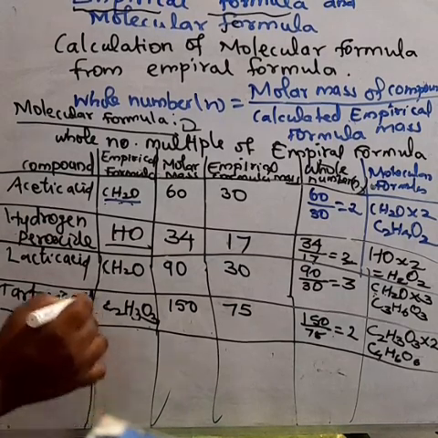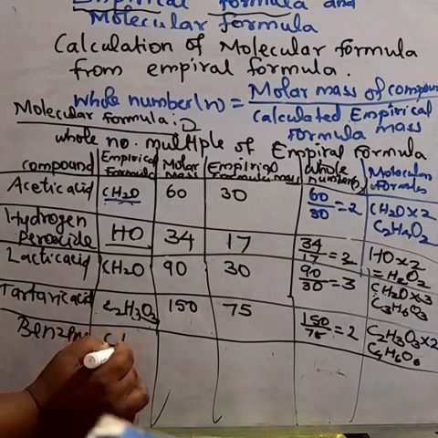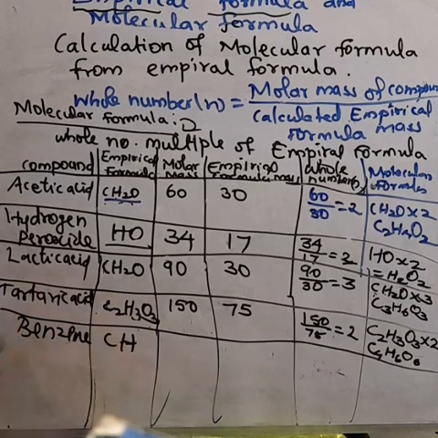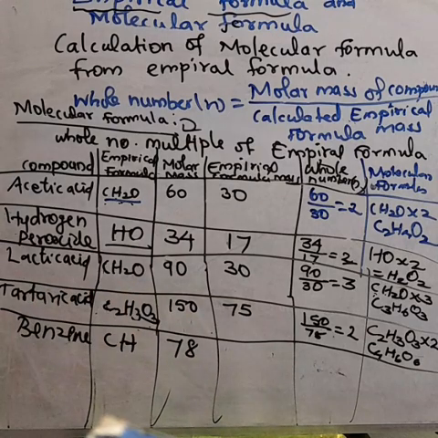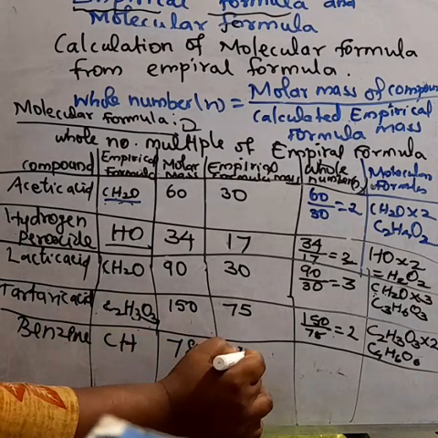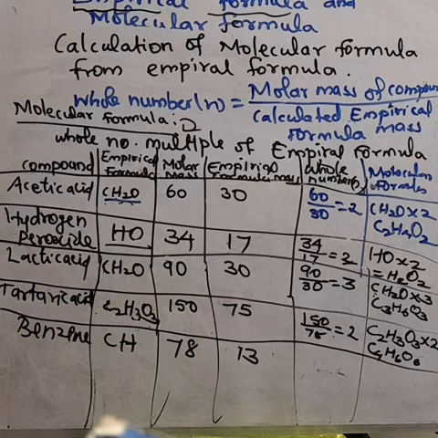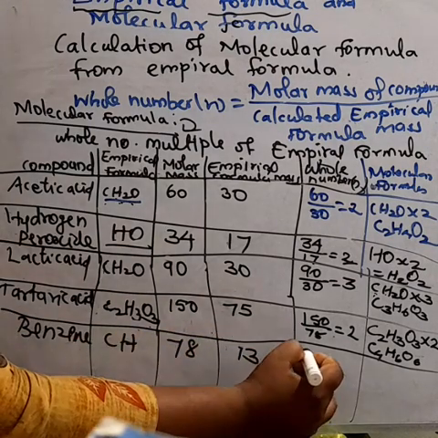Then another example, benzene. Empirical formula for benzene is CH. Molar mass of benzene is 78. Empirical formula mass is 13. What is the whole number?